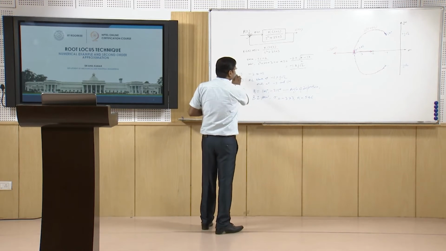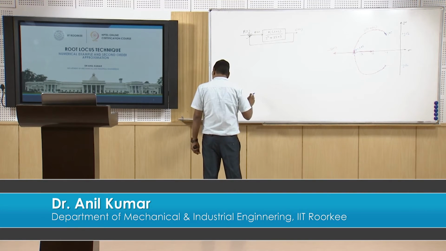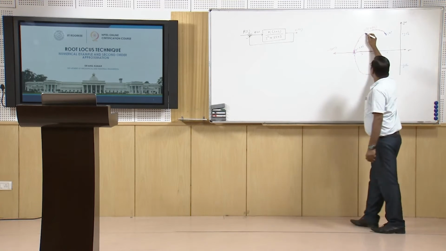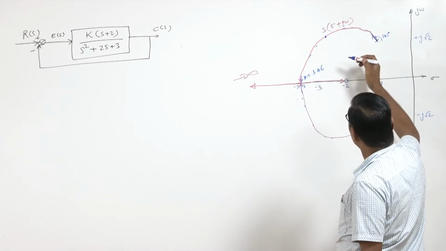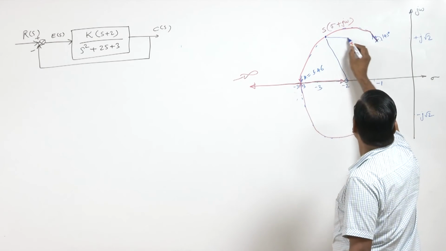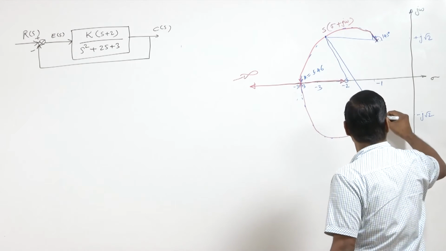So let us find this. If S is this point on the root locus, here is the 0, there is this pole, and here is this pole.